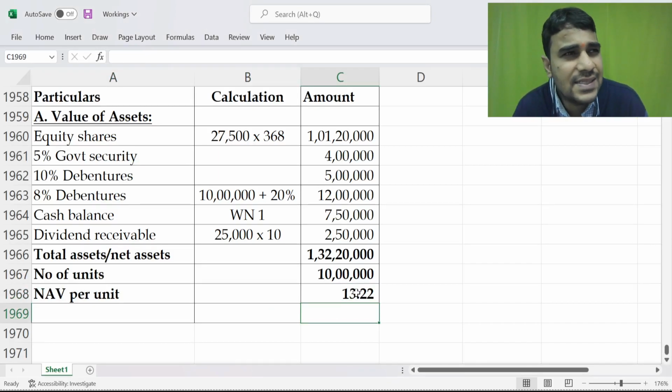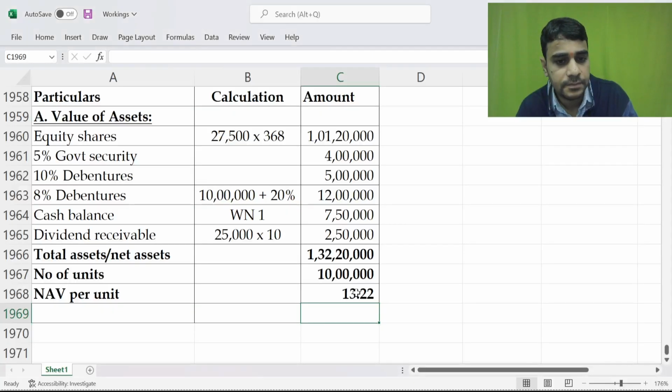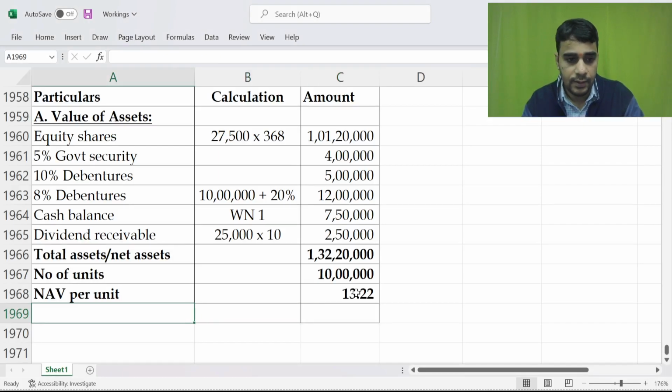I did not write less liability, the less liability part doesn't really matter. Any doubts on this? Clear? Assumption is no change in the units during the year. Any doubts on this? This is part 1 of the question.